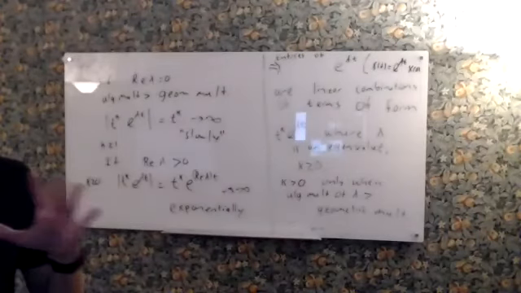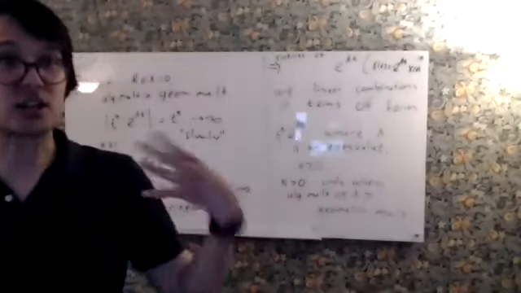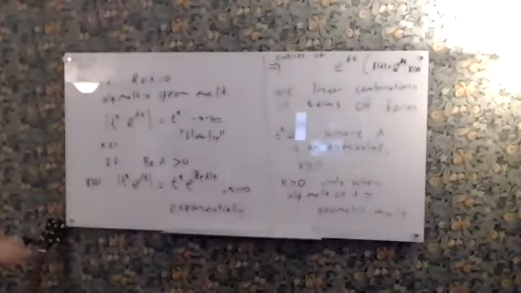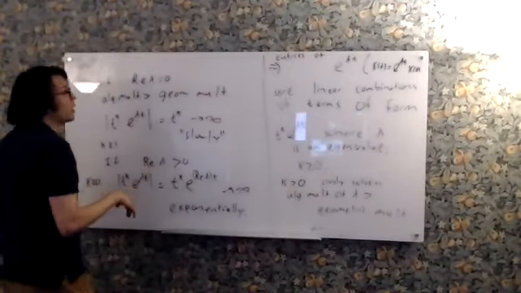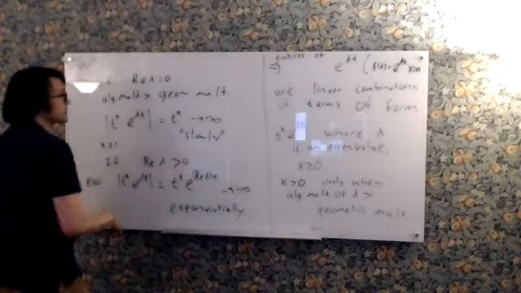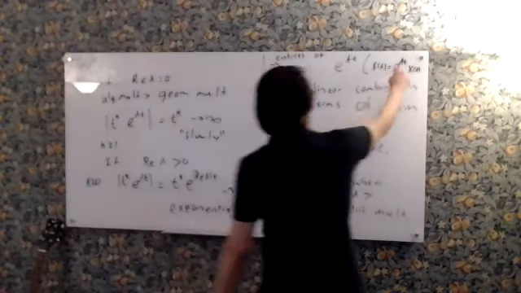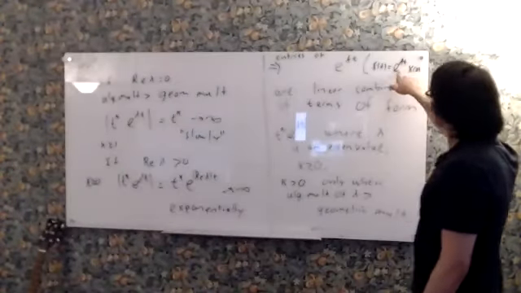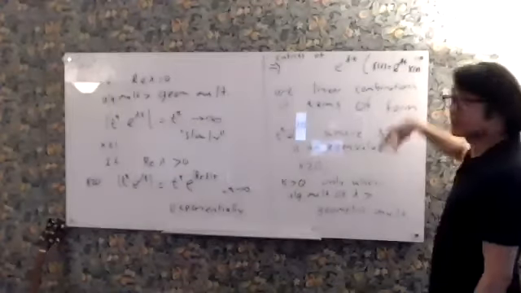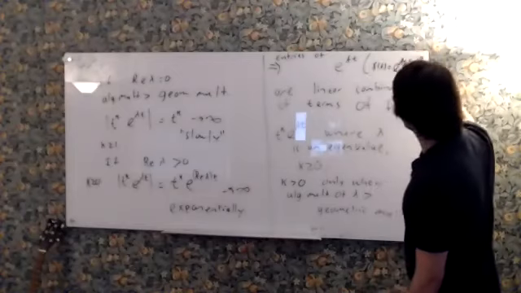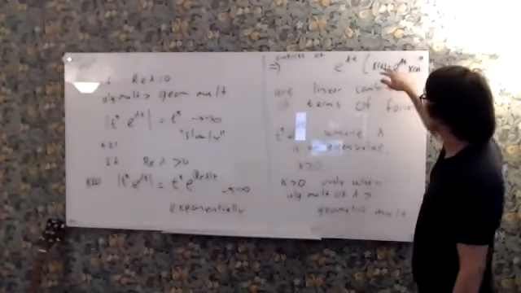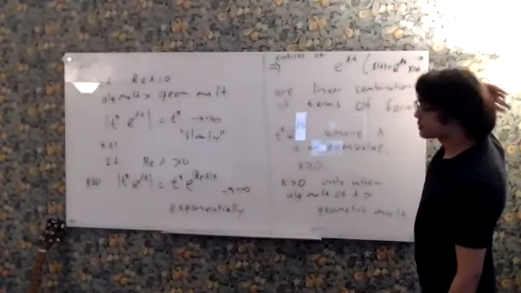That's the main collection of results here. If you have any positive real part at all, there's always going to be some term in your matrix that blows up to infinity quickly. And so there's some initial condition that picks off that piece of the matrix, which allows the state to blow up to infinity.